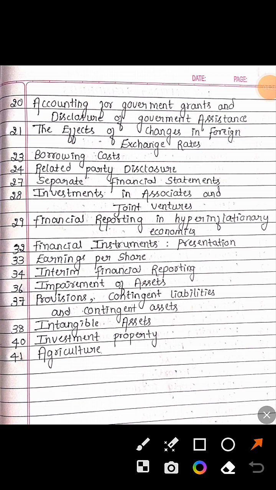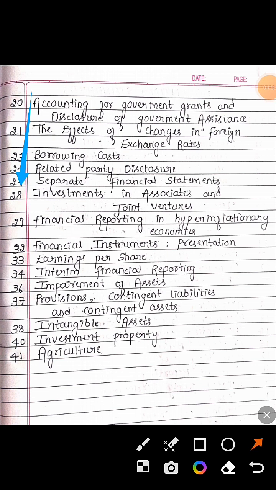Now Ind AS 28. Ind AS 28 talks about investments in associates and joint ventures. You only have to remember three words: the investment that you make in associates and joint ventures.